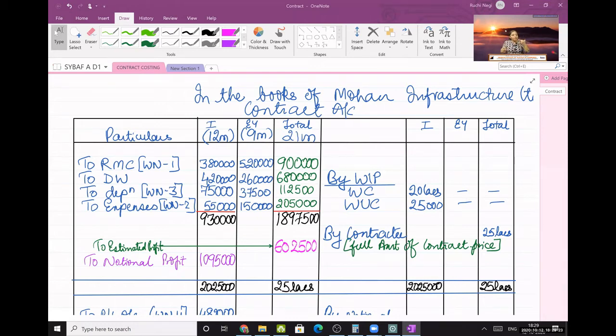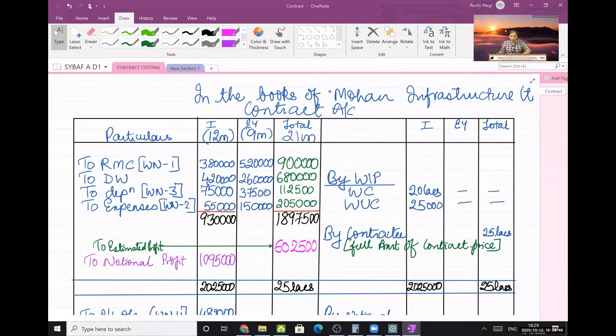And when we were doing multiple contracts, closing WIP, I was taking it as opening WIP. First year का closing WIP, second year का opening WIP, second year का closing WIP, third year का opening WIP. याद है आप लोग को? Do you guys remember this?